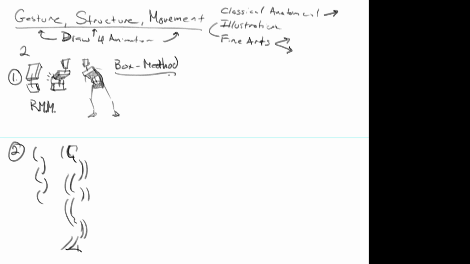And so what I'm trying to do is create a transition from what we think of as fine arts practice, observational drawing, what we get out of drawing from the model, to what we want out of our own drawings in terms of an illustrative product, right? How do we want our drawings to look, and how do we meet those goals in terms of just gesture, structure, and movement, right?